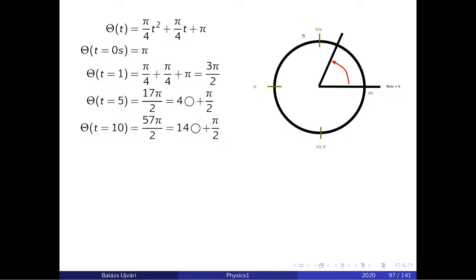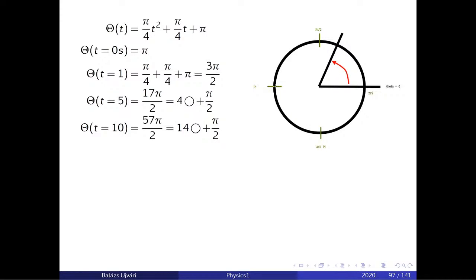It's not too easy to show directly where is the 17 pi over 2, so it's worth dividing this result into two parts. One part is the full circle. Technically, this is 2 pi. So 4 times 2 pi means 4 times I go through theta equals 0, and then the rest is pi over 2, I'm here.